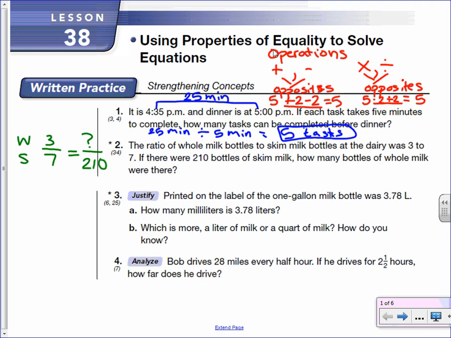So this one's easy enough. How do I go from 7 to 210? Well, first I'll say, how do I go from 7 to 21? That would be times 3, and then I just add a 0, so it must be times 30. So then we multiply by 30 here. 3 times 30 is 90.